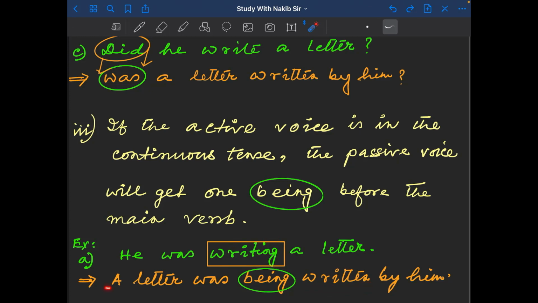See here, a letter is the object, so it came here, and take was: a letter was. As it is the continuous tense, you will get being before the main verb. So the answer is: a letter was being written by him. Remember, this being is used for the verb of the continuous tense, for the ing form of the verb.